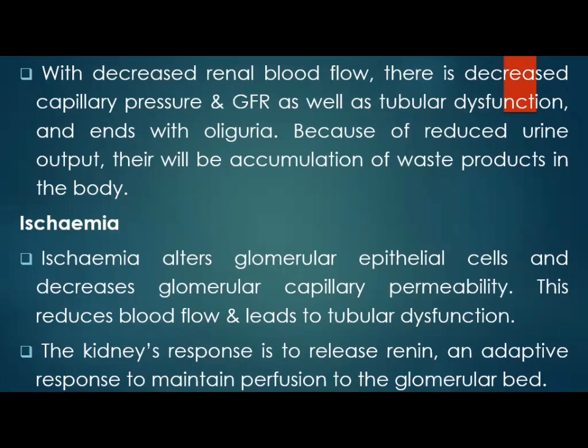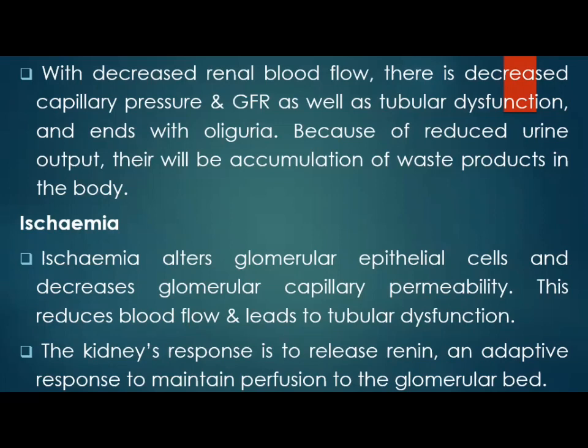And then on ischemia, the second part is the ischemia. So ischemia alters glomerular epithelial cells and decreases glomerular capillary permeability. This reduces blood flow and leads to tubular dysfunction. So remember, due to vasoconstriction, we have hypoperfusion of the kidneys.